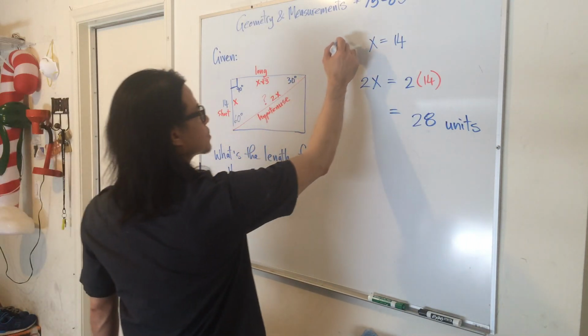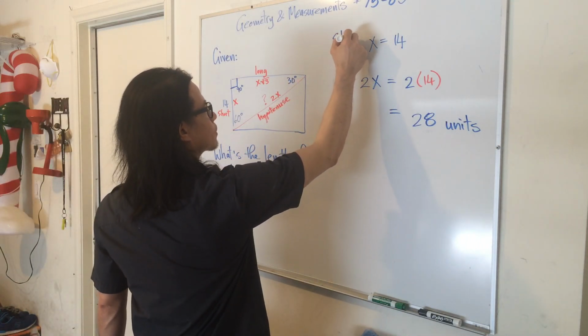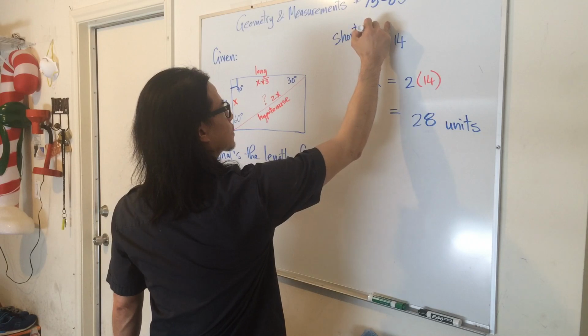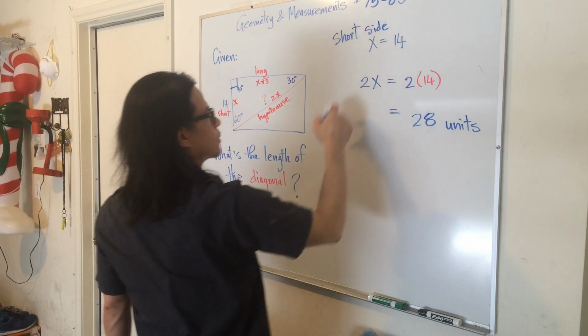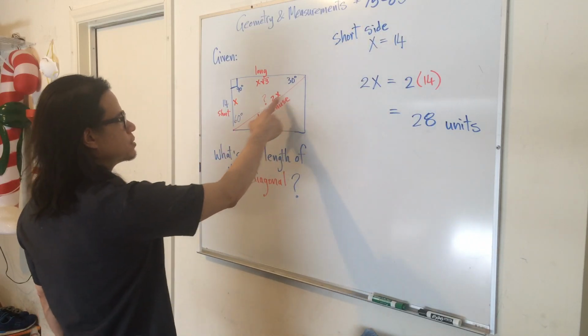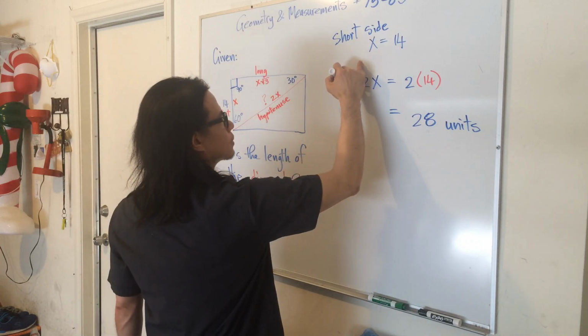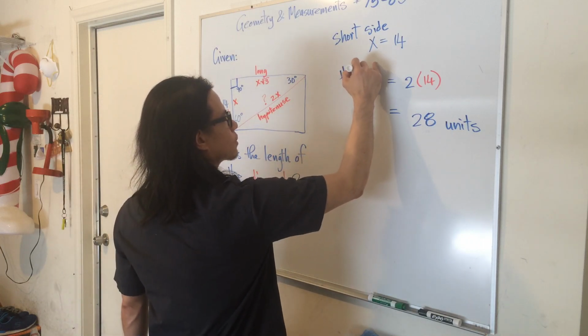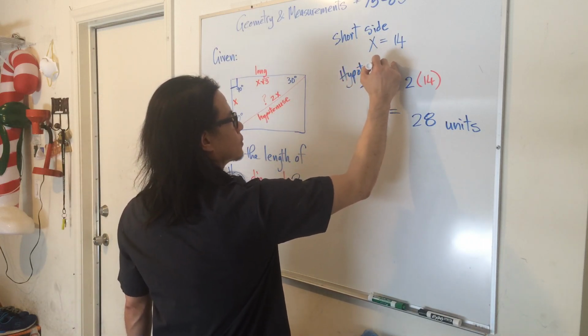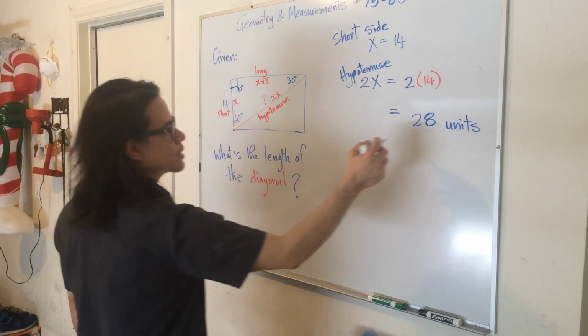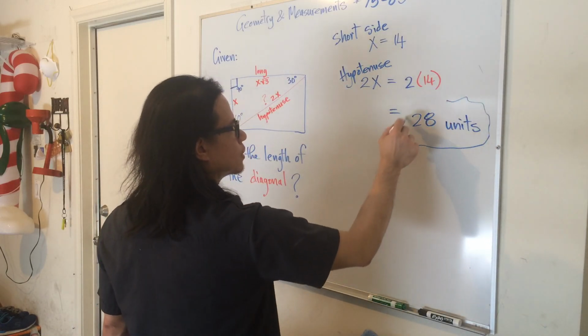So again, this is the short side. Here is the hypotenuse, which is 28 units.